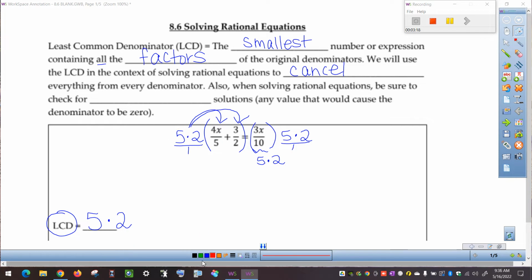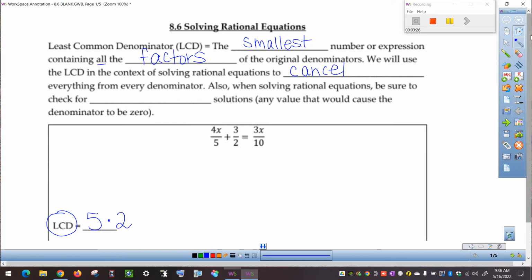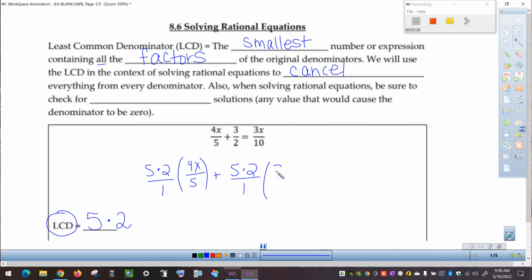All right, let's see how I wrote this out. Here's maybe an even nicer way to write this. You don't have to erase yours completely. I'm just going to write off to the side down here. Because every single part is multiplied by 5 times 2 over 1, we could actually separate it like this. Down below, this is the result of doing the distributive property.